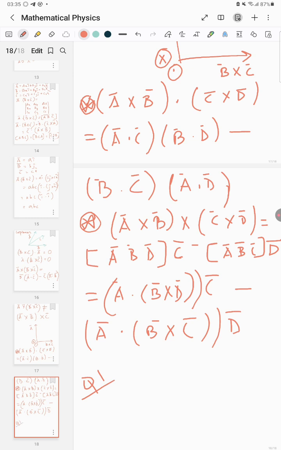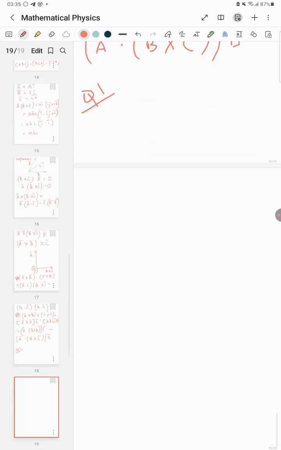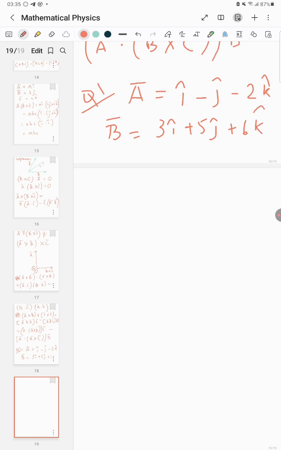The question says that if A is equal to i cap minus j cap minus 2k cap, and B is equal to 3i cap plus 5j cap plus 6k cap, and C is equal to minus i cap plus 4j cap plus mk cap, then we need to find the value of m such that the vectors will be coplanar.